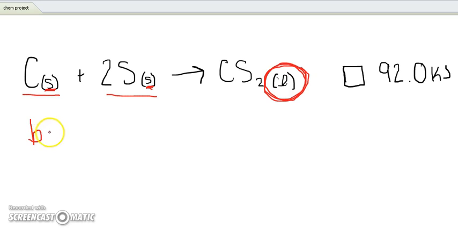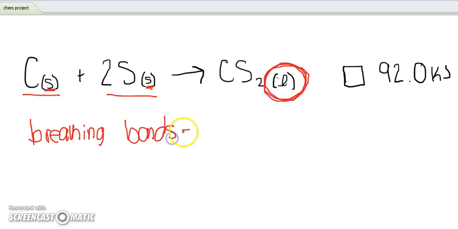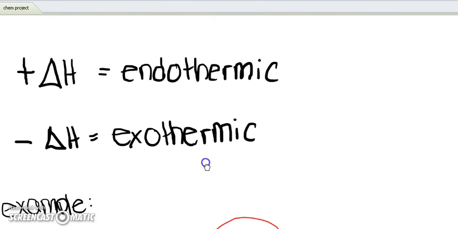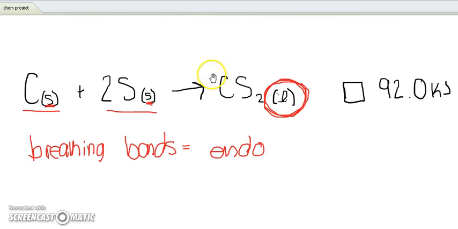So we are breaking bonds in this reaction, which is going to be endothermic. And if we look back at the top one more time, endothermic has a positive delta H. So the sign of this is going to be positive.